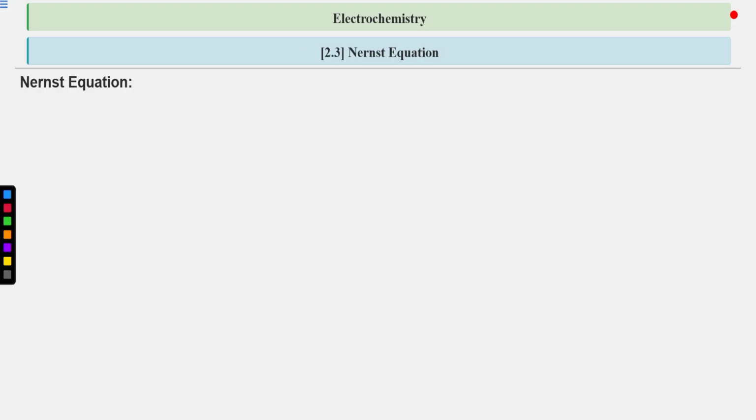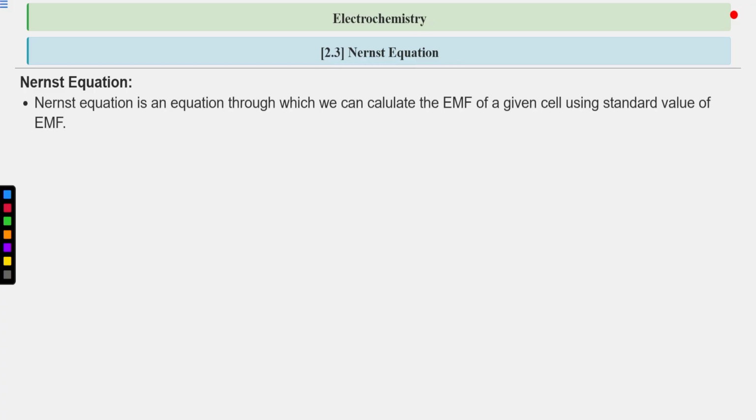Okay, so our first topic is 2.3, the Nernst equation. It is the main topic of today's lecture, and as the name says, it is an equation through which we can calculate the EMF of a given cell using the standard value of EMF.